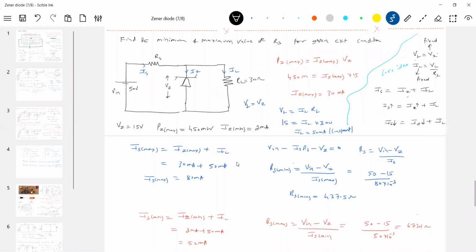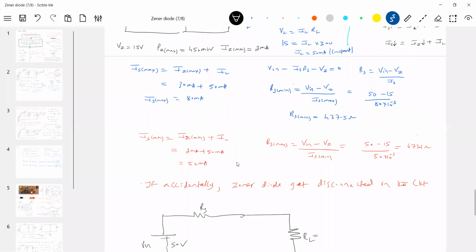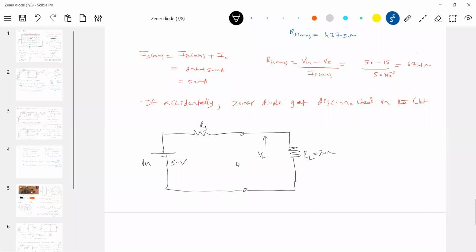How much is RL? RL was 300 ohm. But what is the strict condition? It must have how much volt? 15 volt. So let's calculate the value of RS. VL is equal to Vin RL by RL plus RS.